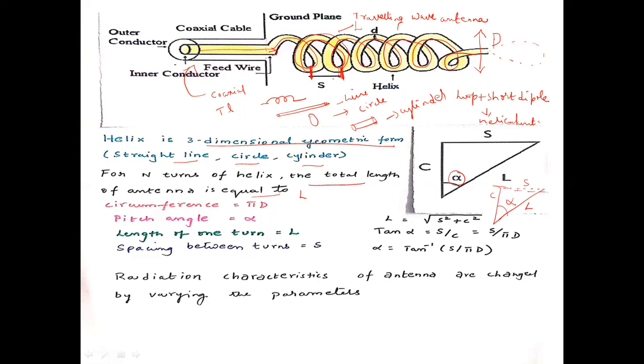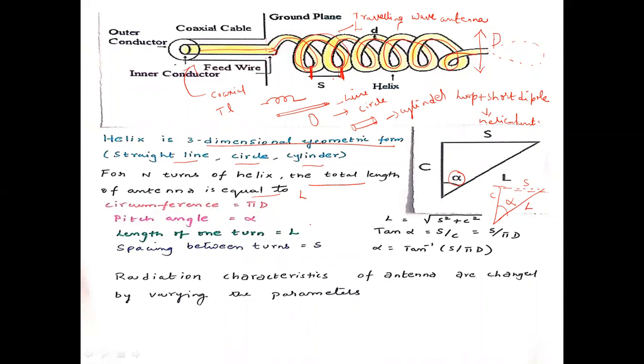So from this, what we can say is this pitch angle is the most important deciding factor of the helical antenna output. As in the first slide we already said, the radiation properties and polarization of the helical antenna are dependent on these three major factors.